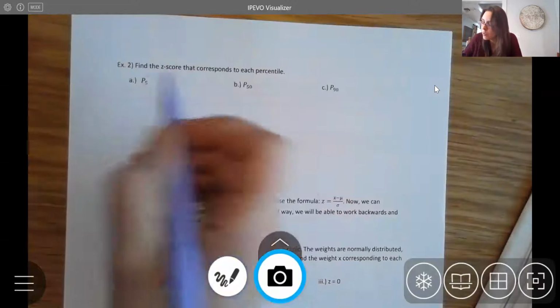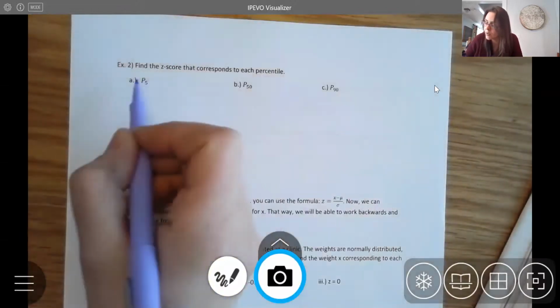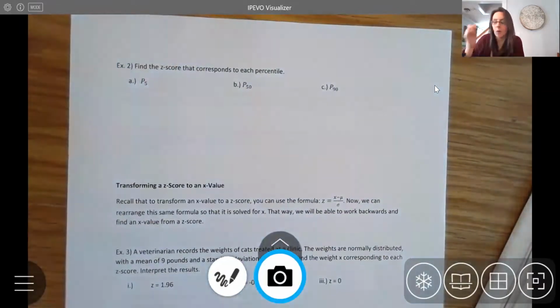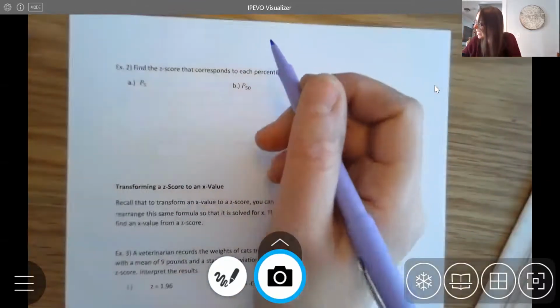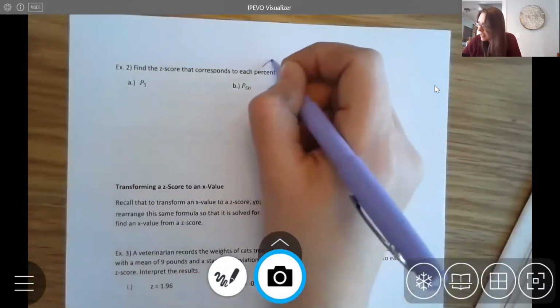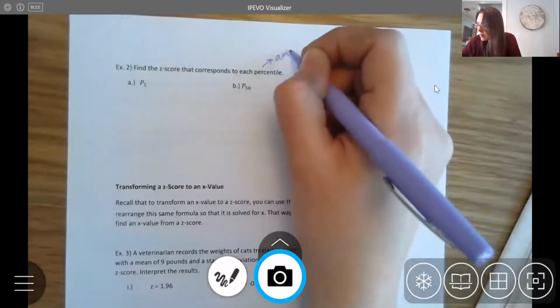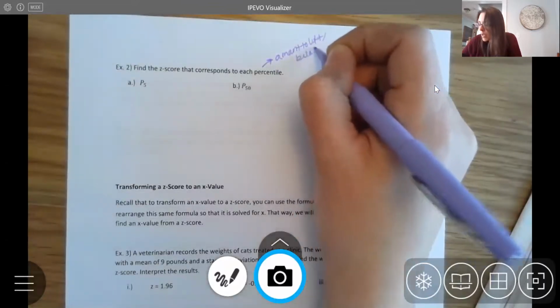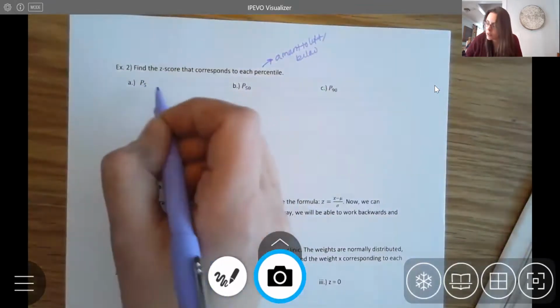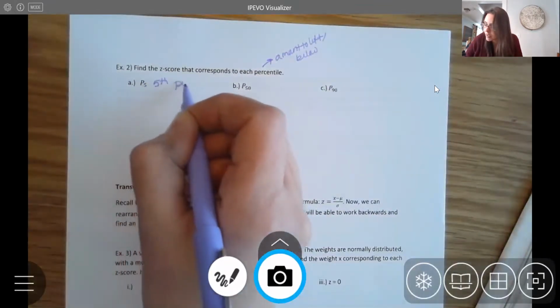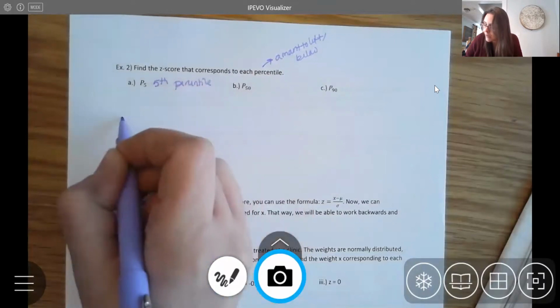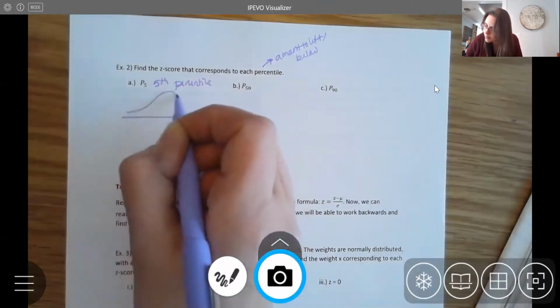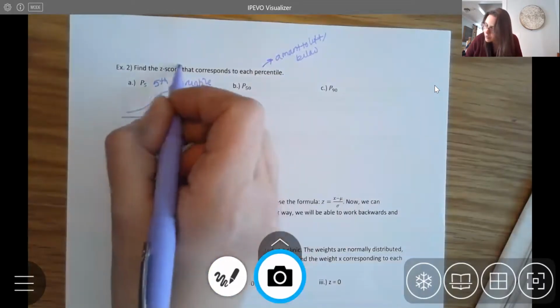Okay. So when we're doing a percentile, we talked about percentiles a few lectures ago. You want to remember that the percentile gives the amount to the left or below. So P5 refers to the 5th percentile. If I draw that picture, and again, we're looking for z-scores.